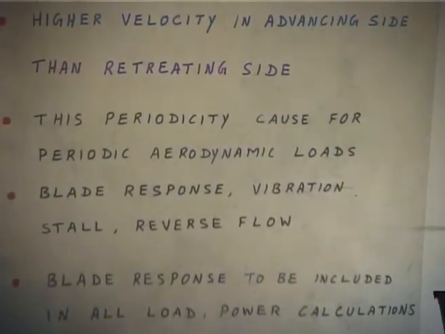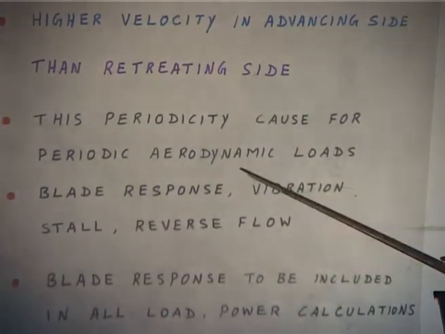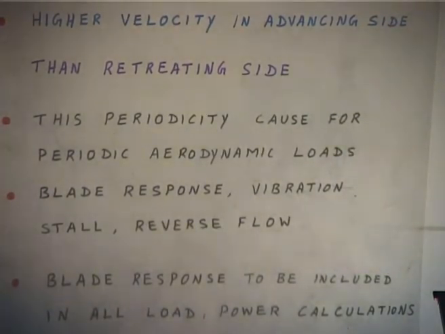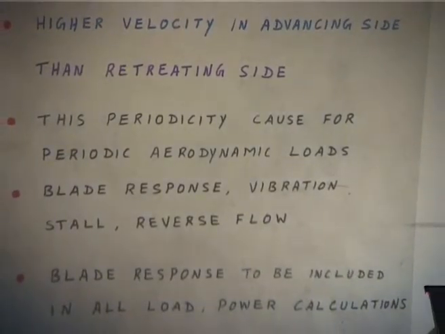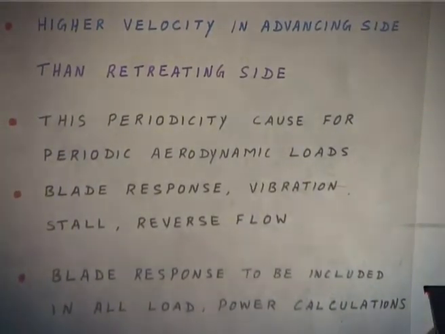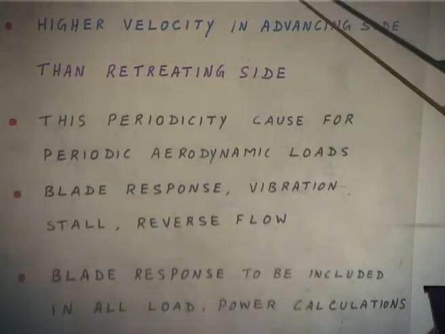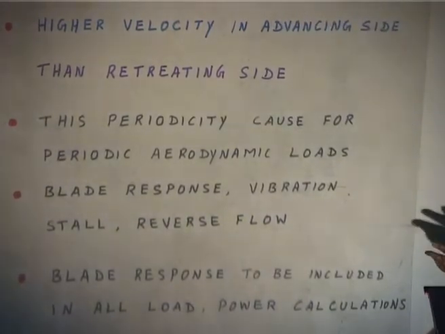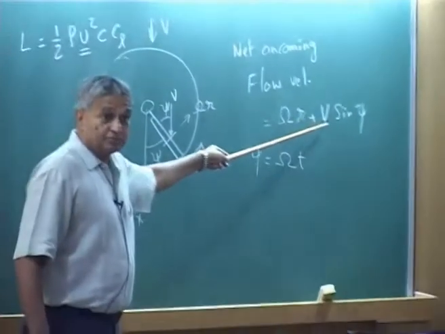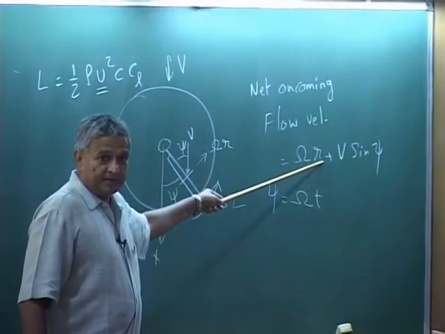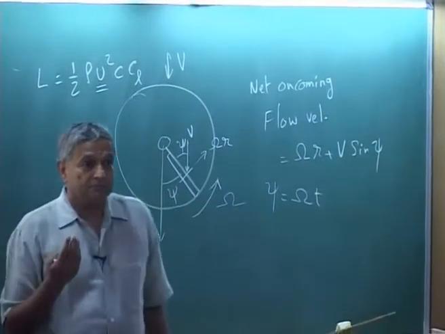Now, there are two other aspects which I have added, stall and reverse flow. Why should the blade stall? Blade means not the entire blade will stall, some sections will stall. Why they have to stall is because you see in this disc, on the advancing side my velocity is additive, that means the oncoming velocity is more.